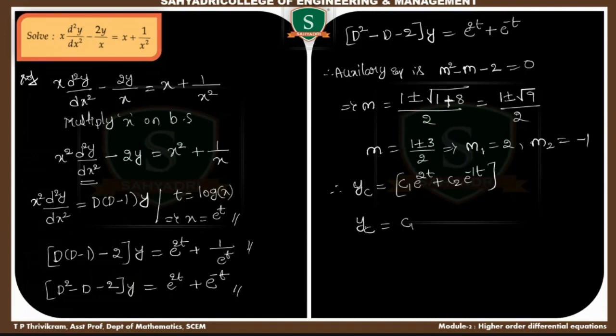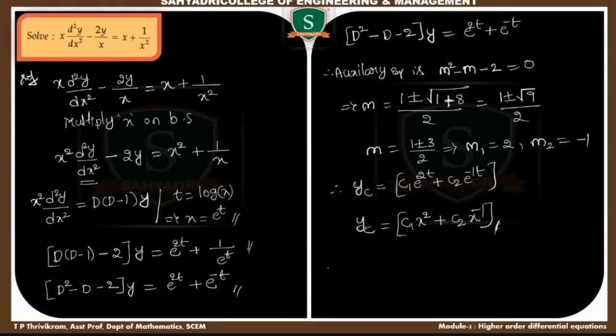So C1 e power 2t means x square, so I'll get C1 x square plus C2 x inverse. x inverse means 1 by x. That's it, so yc we got.